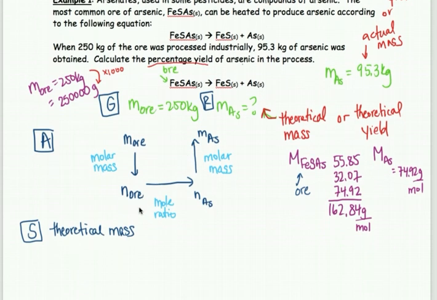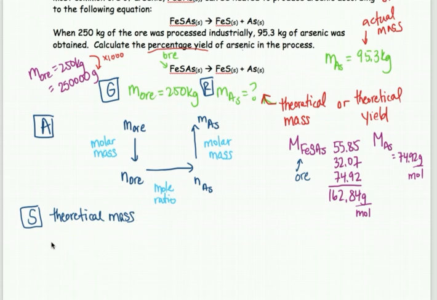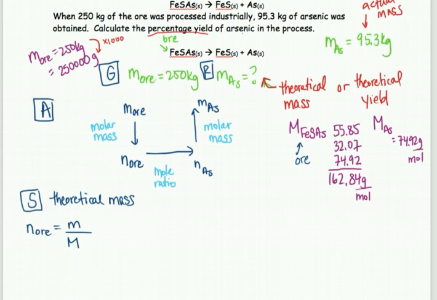So we're going to start off with finding the amount of the ore. In order to find the amount of the ore, you're going to take your mass and divide by your molar mass. Okay, so again, we're going to use the mass in grams. And then we're going to divide by the molar mass of the ore, which is 162.84 grams per mole.